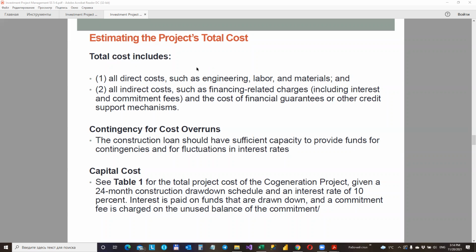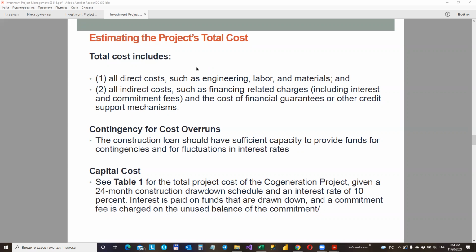The construction loan should have sufficient capacity to provide funds for contingencies and for fluctuations in the interest rates, because the construction loan entails loan fees that depend on the size of the loan commitment. It is important not to oversize the construction loan. So again, you have to balance between two things.